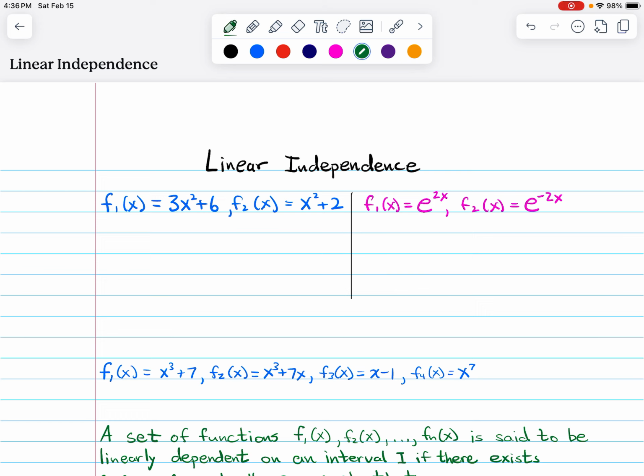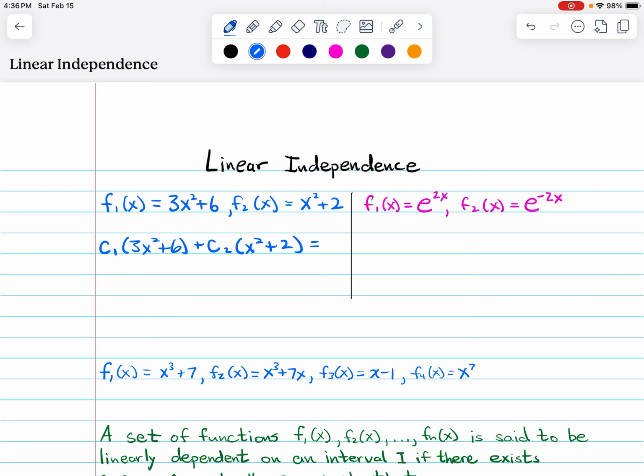Well, let's apply this test. Here's the way we're going to define it. If I can take a constant times 3x squared plus 6 and add it to another constant times x squared plus 2, in other words, I've just got a constant times this first one plus a constant times the second.